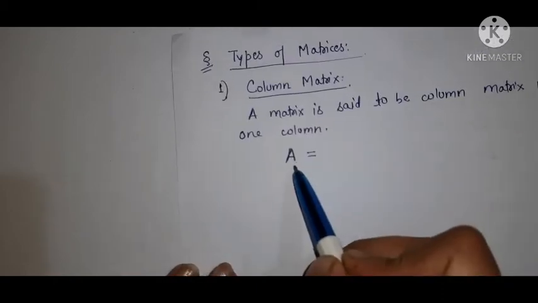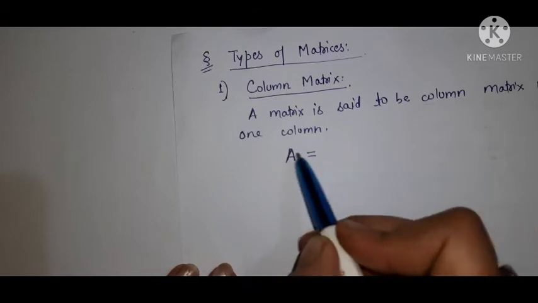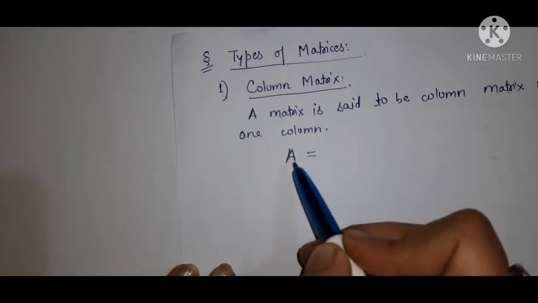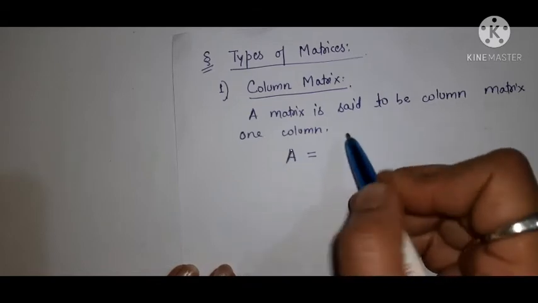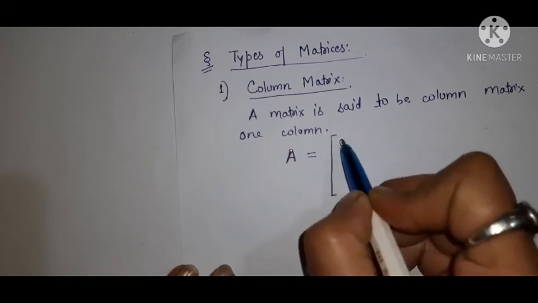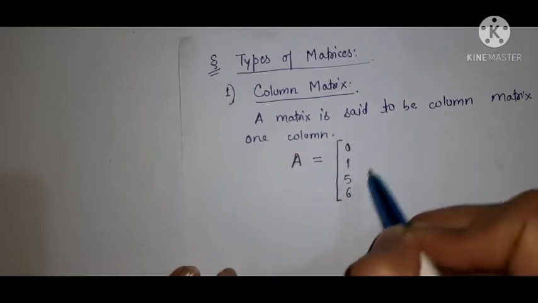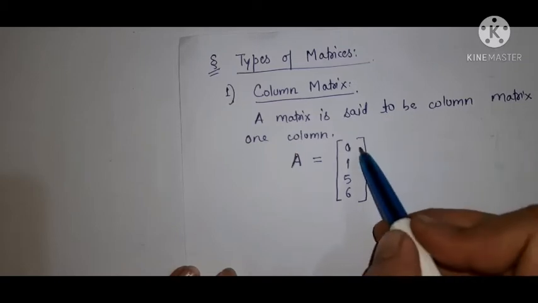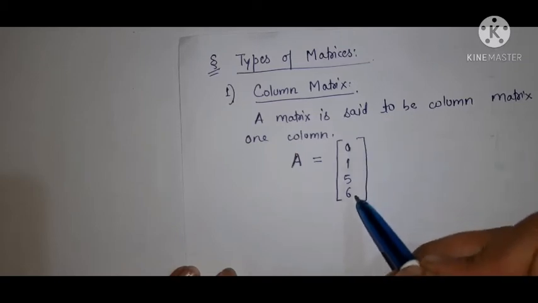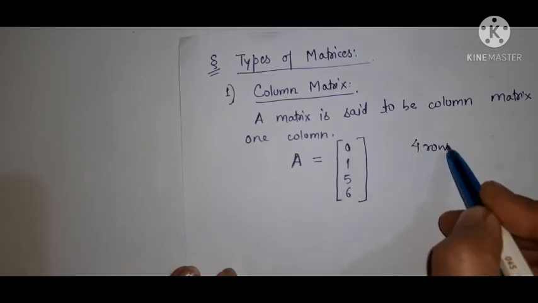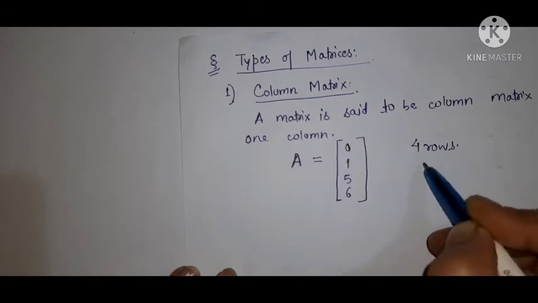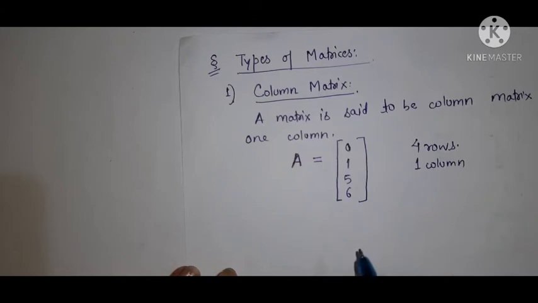We can use any alphabet, but generally we use A. Suppose you have 0, 1, 5, 6. Here how many rows we have? 4 rows. But the number of columns is only 1. Therefore, it is a column matrix.